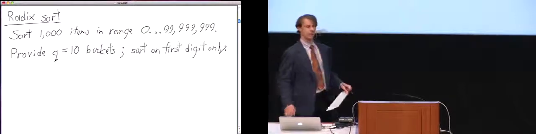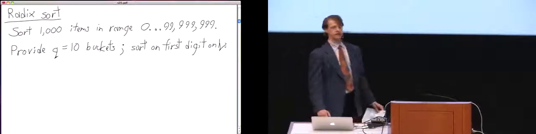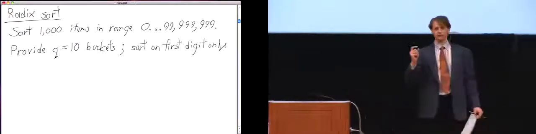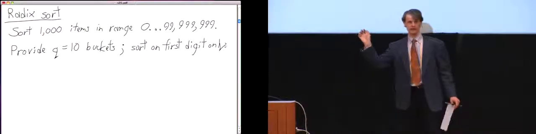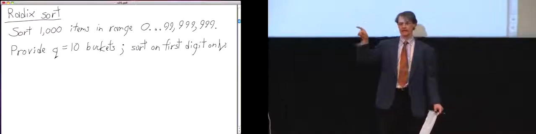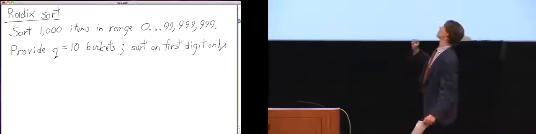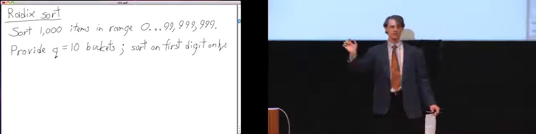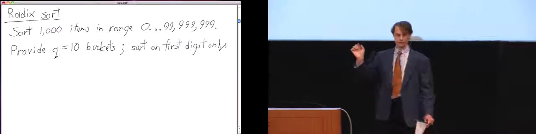By the way, I'm going to assume that we've written out all numbers in 8-digit form. So if there's any number that's less than 8 digits, we put zeros in front of it to pad it out to 8 digits. So any number less than 10 million is said to have a first digit of 0 for the purposes of sorting.